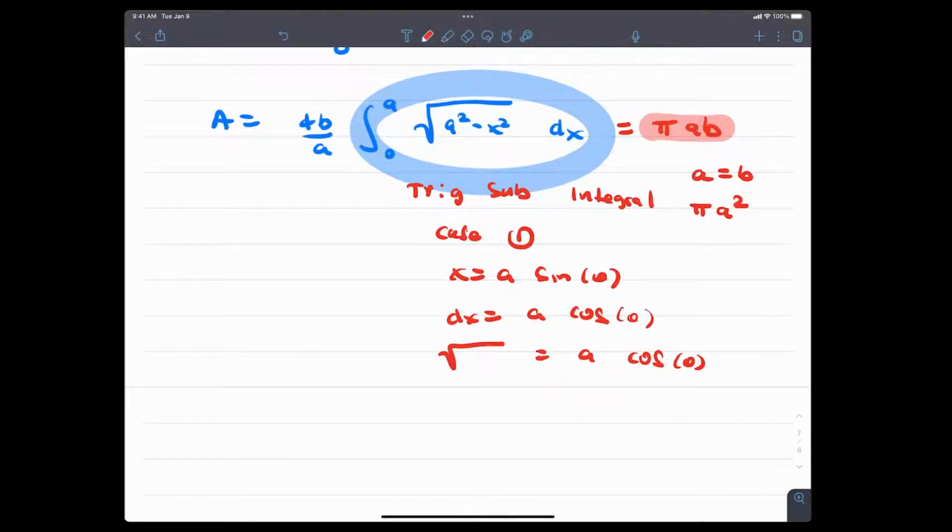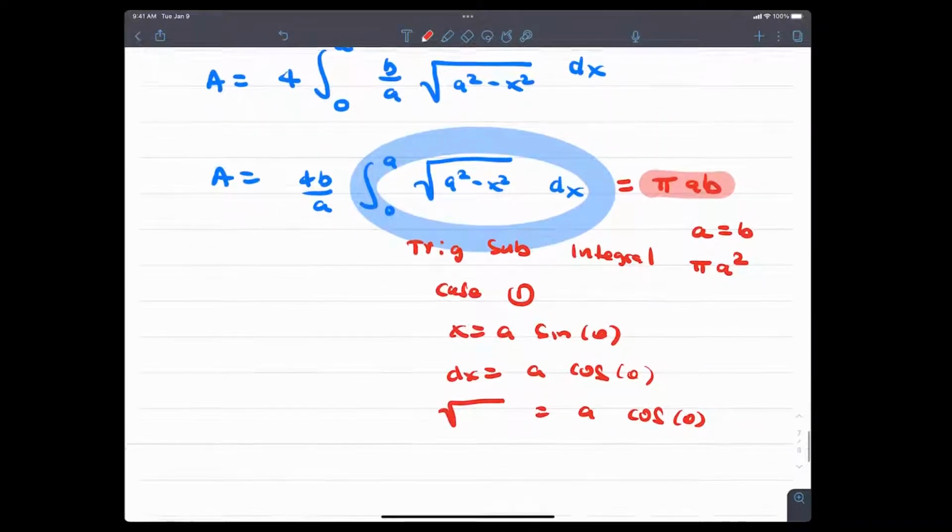Not pi r squared. It's pi AB because A is not the same as B. And that just blows my mind. See, in other words, you could not have found that area without the calculus, the tool of calculus. And it's completely analogous to the circle situation. That is just amazing. Pi AB is that.